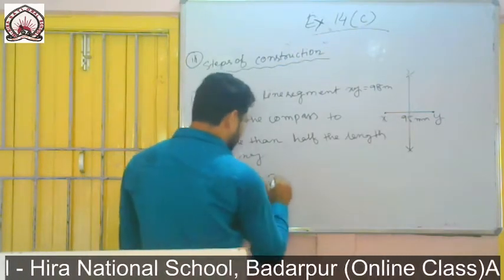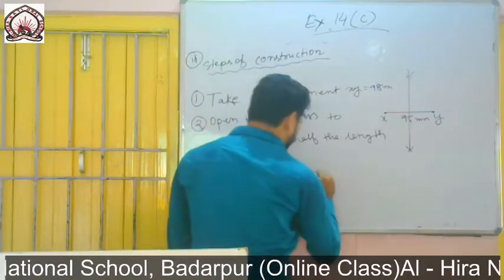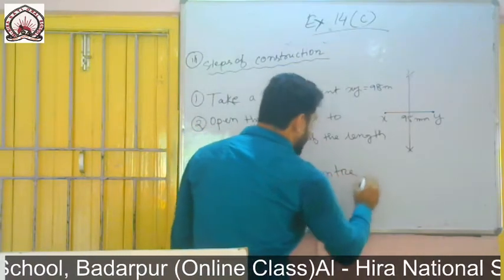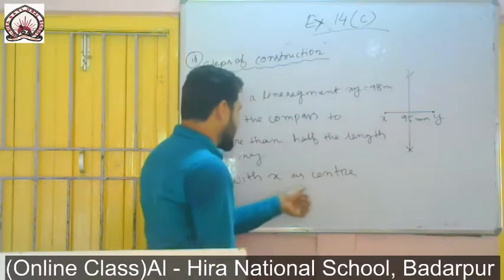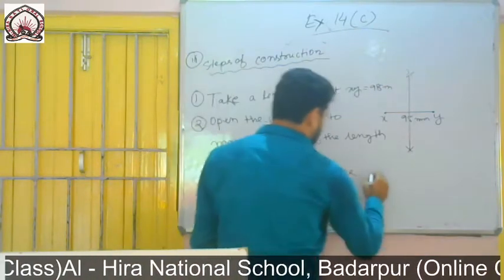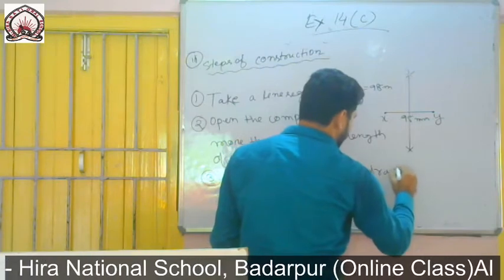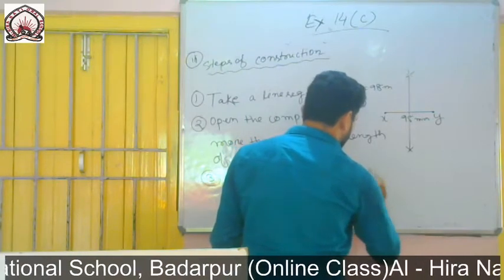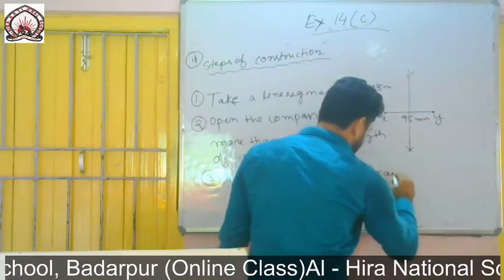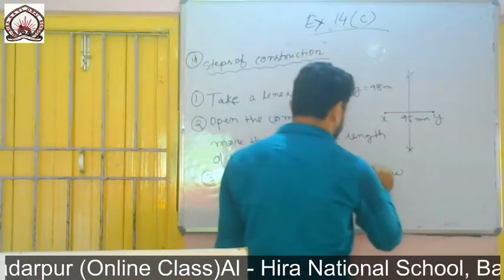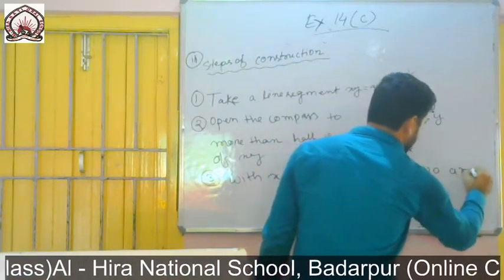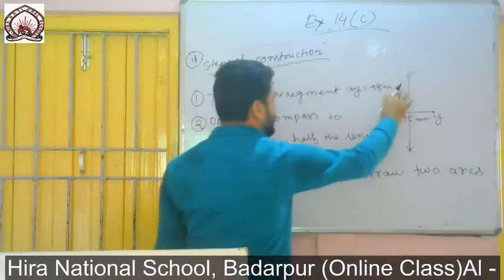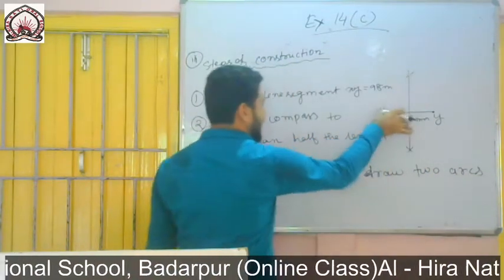Number 3, with X as center, that means you place the compass needle here as center. With X as center, draw two arcs. That means one is in the upper portion, another is in the lower portion.